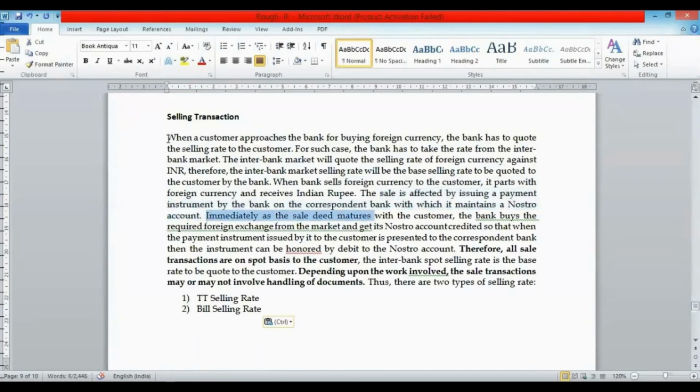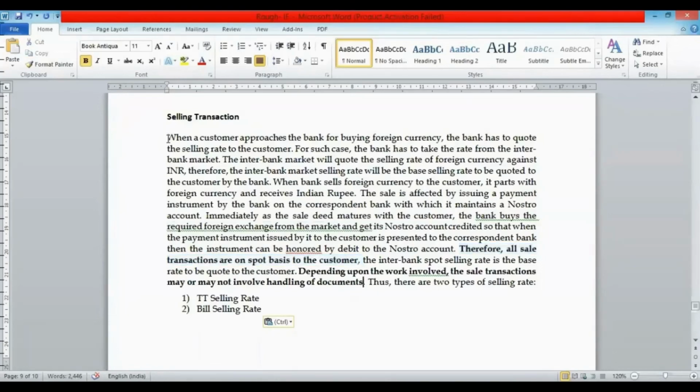Immediately on the sale deal maturing with the customer, the bank buys the required foreign currency from the market and gets its Nostro account credited, so that when the customer's instrument is presented to the correspondent bank, there would be no issue in the honor of the draft. Therefore, all sale transactions are quoted on a spot basis, you can say.